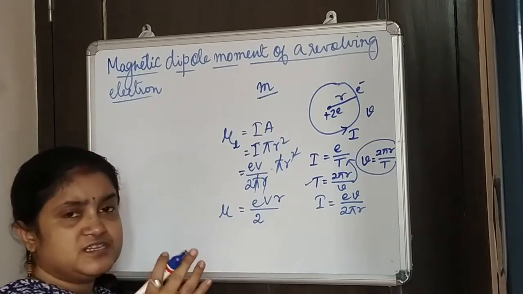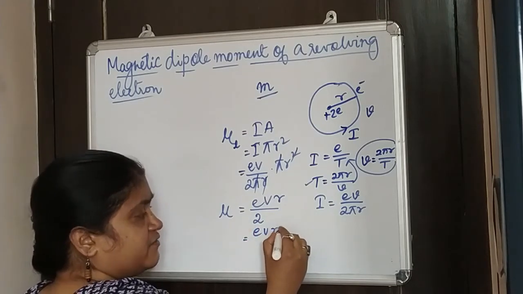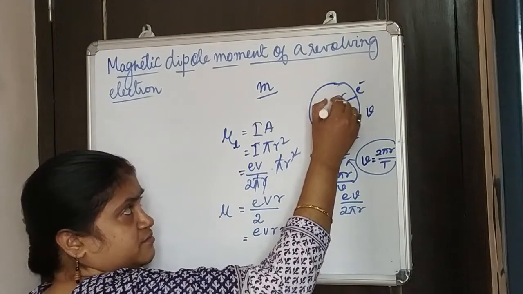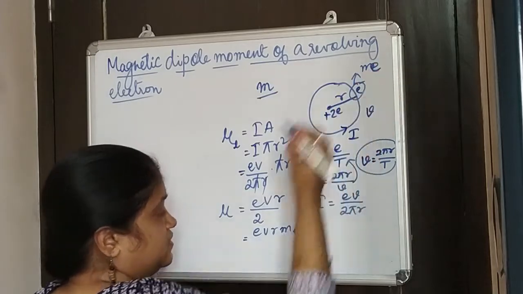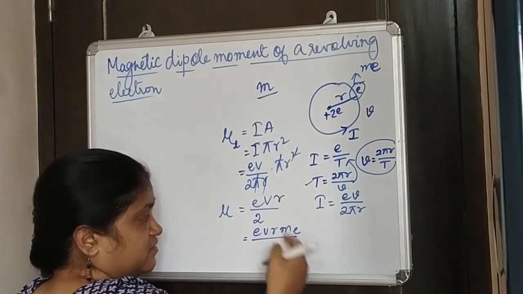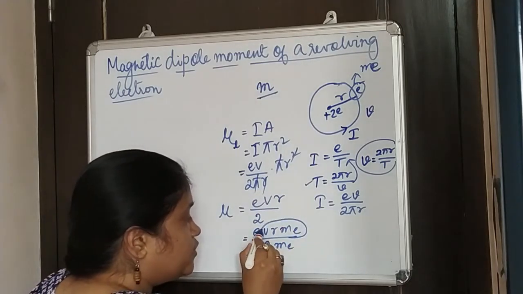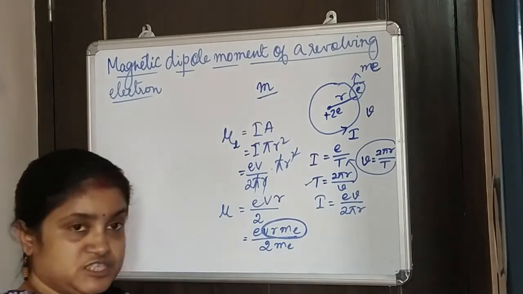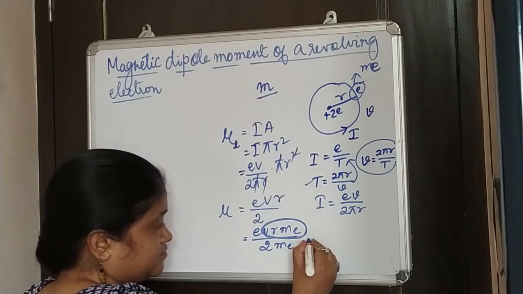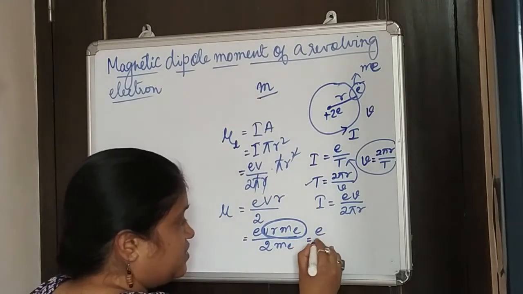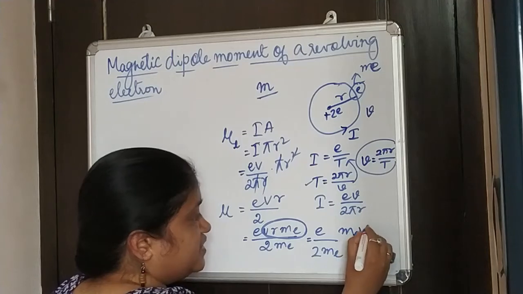Now we will juggle through a little bit. We know that e v r, and we'll take the mass of this electron. Suppose it is me, we'll denote it by me, not ml. So we'll divide up and down with this, and you'll see this particular expression gives me e by 2me into m v r.